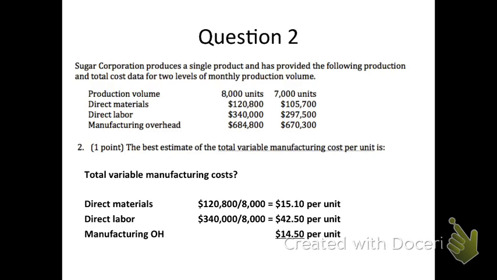Again, you could have used either the 8,000 or 7,000 production level to determine these amounts. Direct materials per unit is $15.10, taking the total cost divided by production. Same with the labor, and then adding the 1450 we just determined. So the total variable manufacturing cost per unit is $72.10.